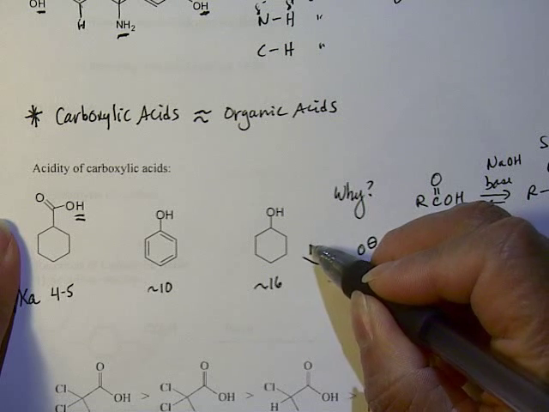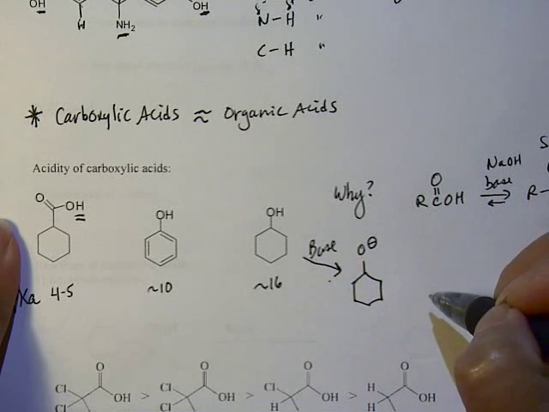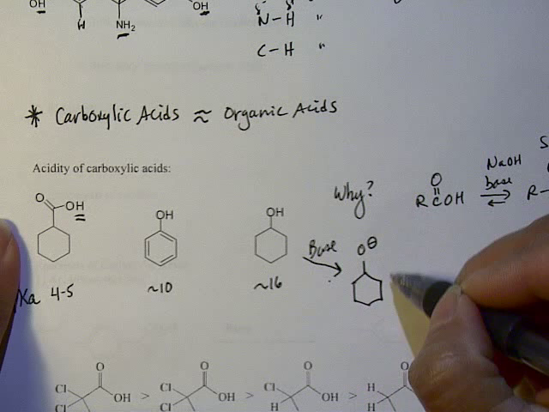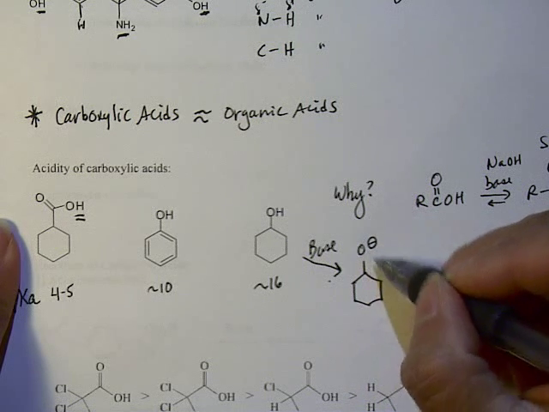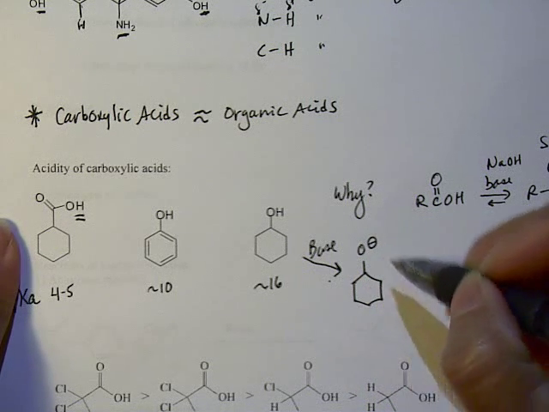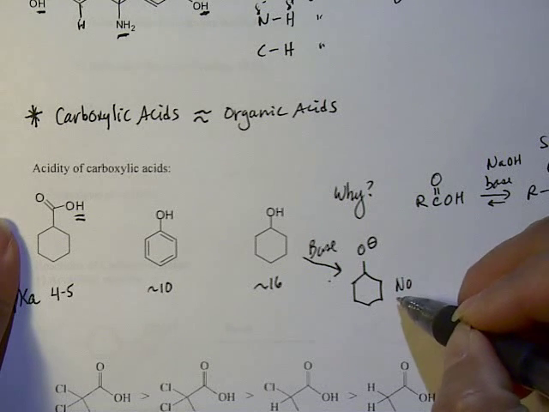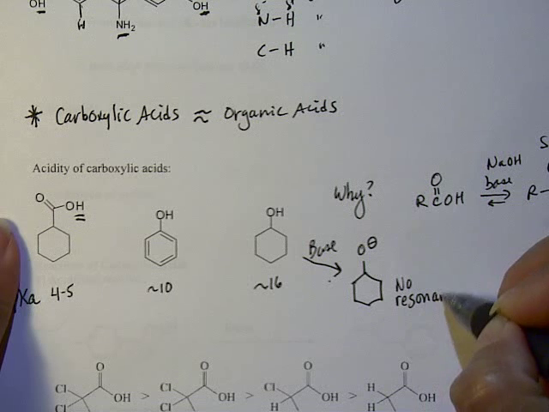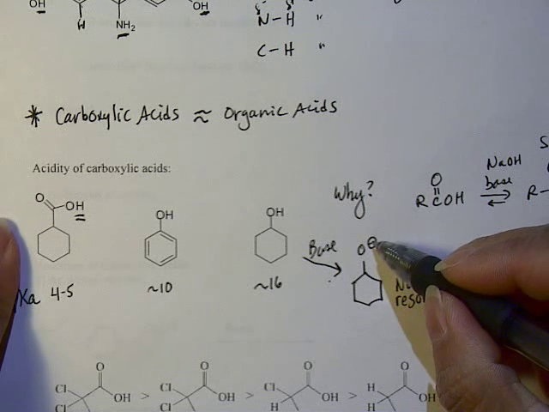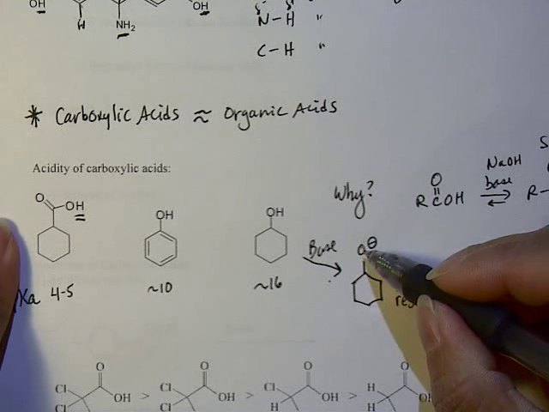The flip side of that is if this is removed with the base, then notice here you form an alkoxide, but there's absolutely no way to stabilize this O minus. So no resonance. This oxygen negative charge is stuck on that oxygen and that's it.